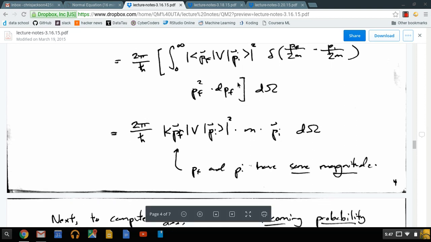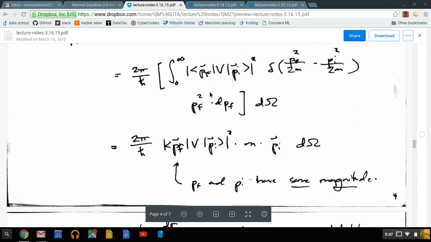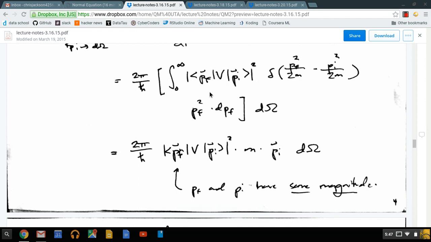I have to use the trick because this is not just a delta function in PI, or I'm sorry, in PF. It's a function of PF.